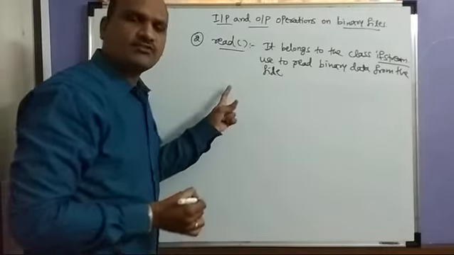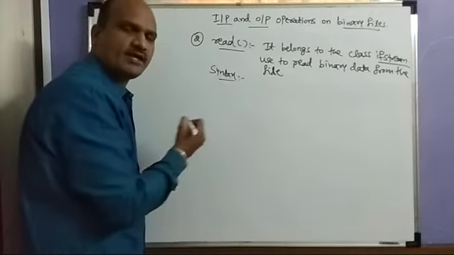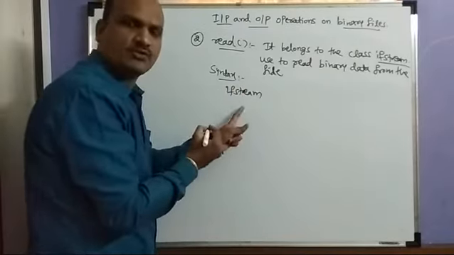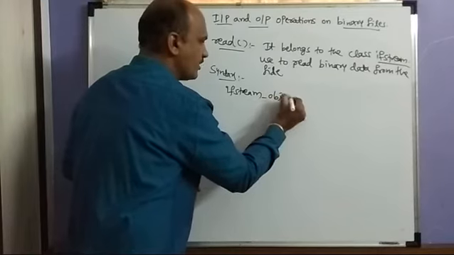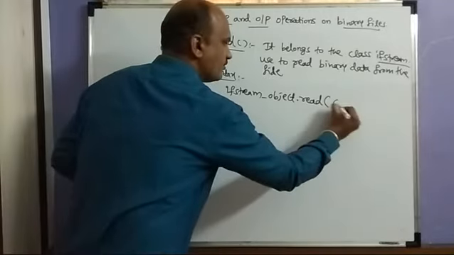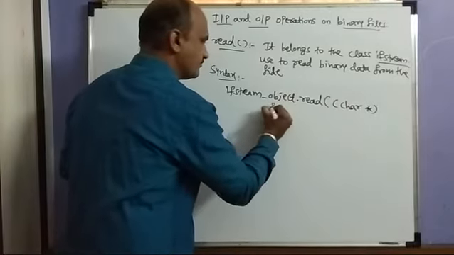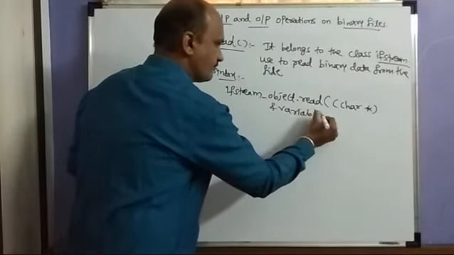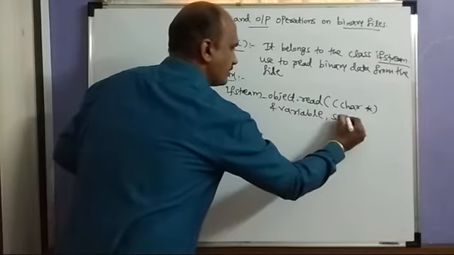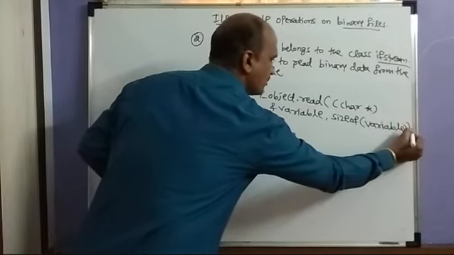Here also we have a syntax for reading the file. It is with the ifstream object, and we use the read function. Again we have a character, with the variable, comma, and the size of the variable, close the brace, give the semicolon.